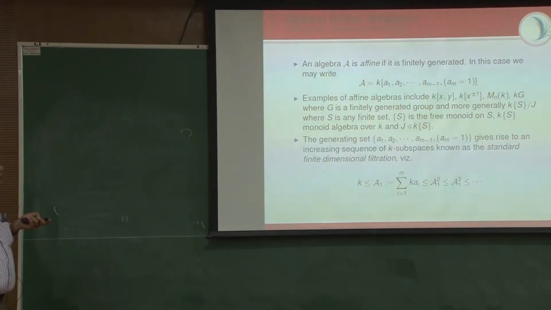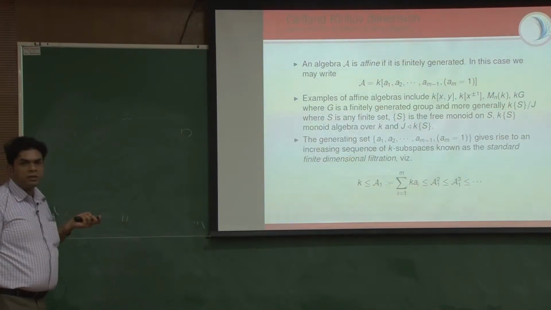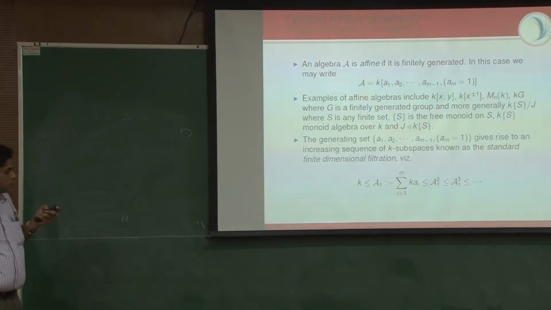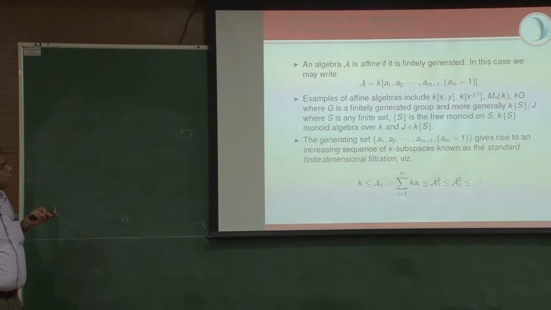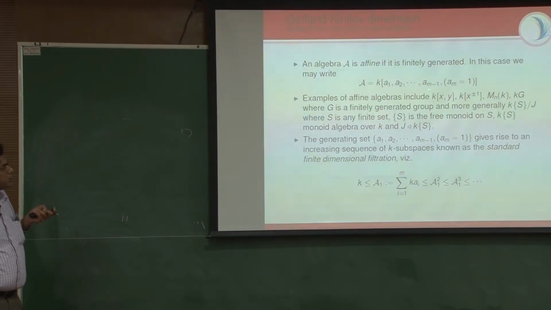Just for convenience, we may add the unit element of the algebra to this generating set. These are the generators, and I've added one generator to it, which is just the unit element of the algebra.